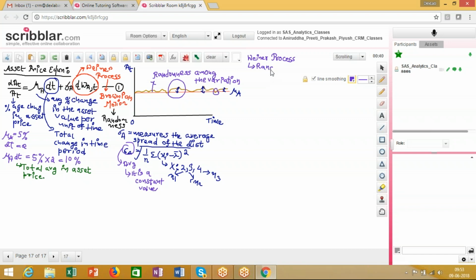So what do I mean by a random variable? A random variable is a variable which has multiple outcomes, and each of the outcomes has a certain amount of chance associated with it.